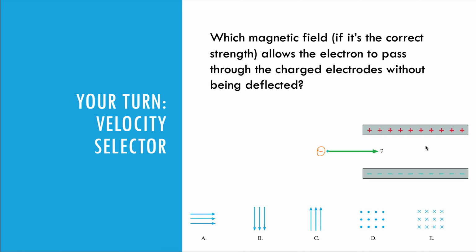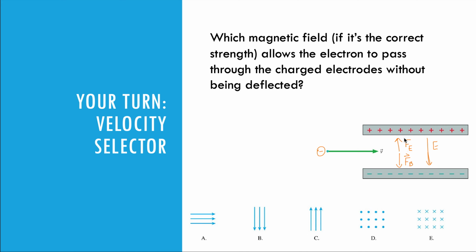So we know that there's an electric field going downwards. So we know that the negative charges are going to experience a force upward, right? Negative charges experience a force in the opposite direction as the electric field. So we want a magnetic force going downward on these electrons.